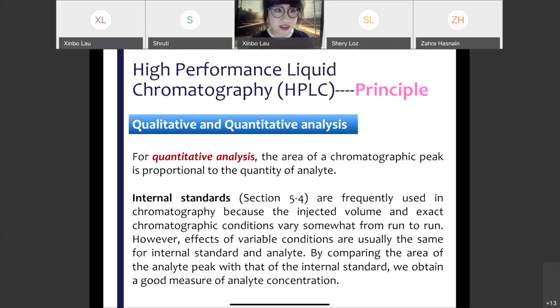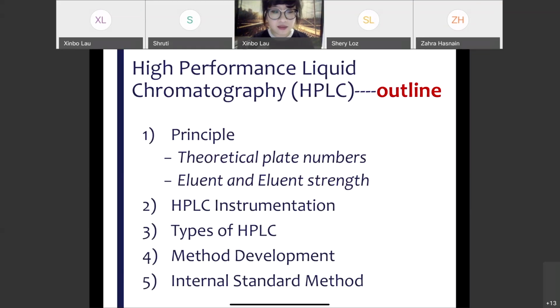In our lab setting, we definitely will have that issue, because even me, the same person doing the injection every single time, there's still error. Therefore, in this lab we designed an internal standard method to carry out these experiments, to resolve the reproducibility problem.